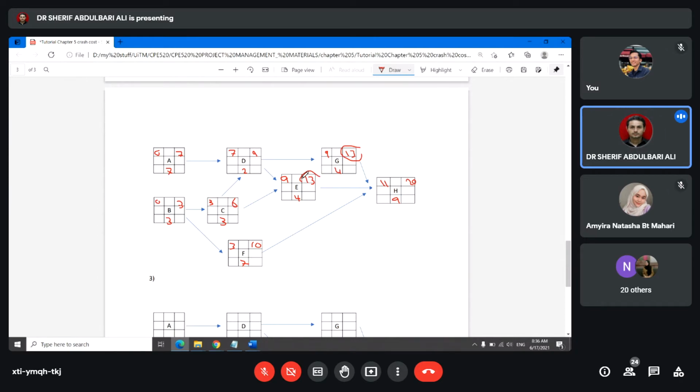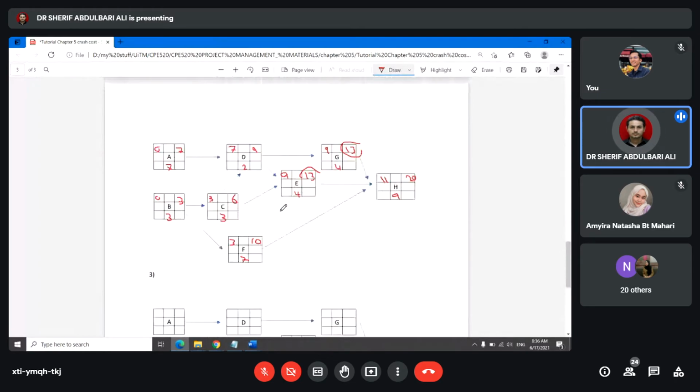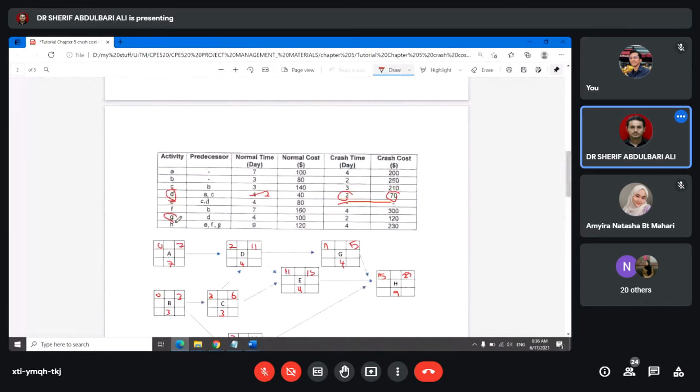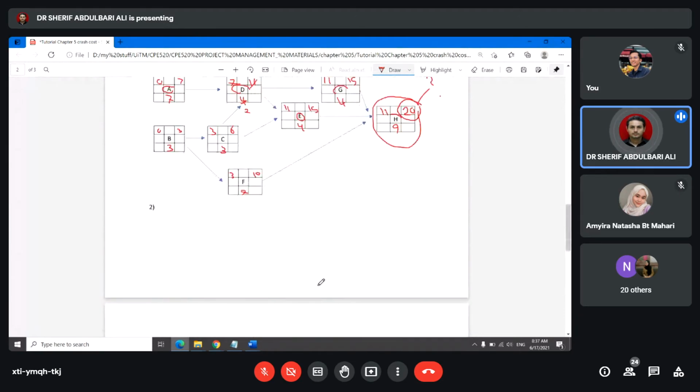So now actually what I'm going to do here, I'm going to look at the figure in here for the AON. So let's say I'm going to crash activity G, because activity G can be crashed, right? Activity G can be crashed for two days.